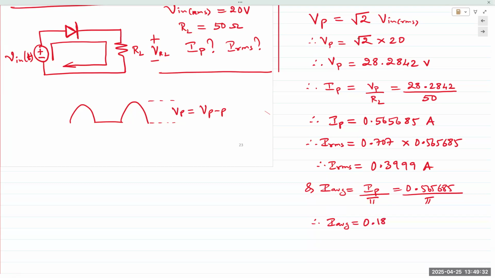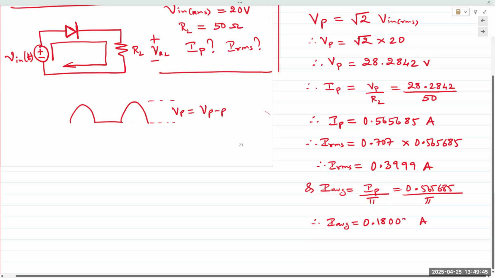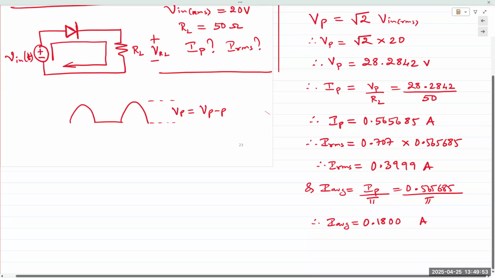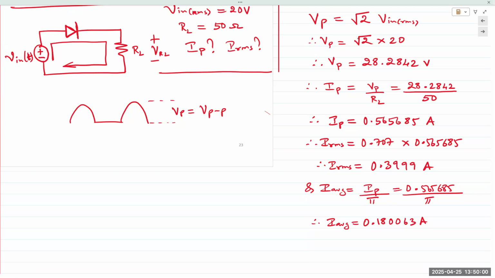Just 0.18? Is it 3.6 or 6.3? I had 6.3, probably I read it wrong. You got 6.3 too? So you're making me doubt myself. You're confusing me. That's fine. So 0.18 amps.